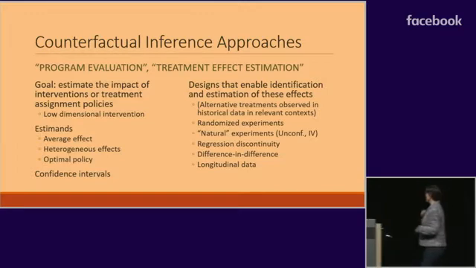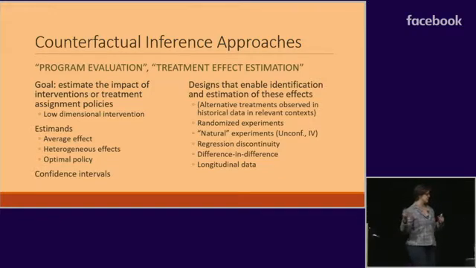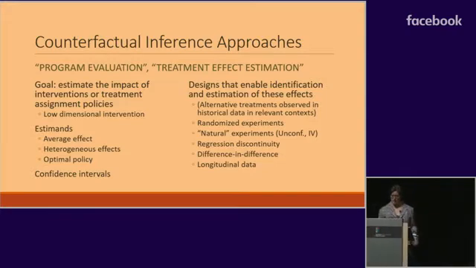And this area is one that's seeing a lot of activity right now in terms of bringing together machine learning methods, particularly matrix factorization methods, and causal inference methods. And that's something I have some papers on you can find on my website. I'm not going to talk about that anymore today.